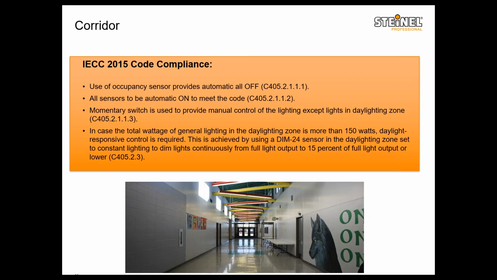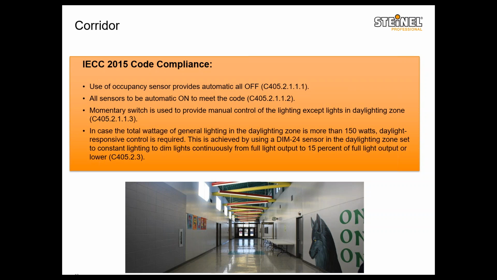Usually you have walls on both sides, and corridors are really in the middle of the building, not on one side with windows. So you would have to have sensors to provide you automatic all off. Corridors are definitely an automatic on situation, so you can't have sensors set to partial on or manual on.